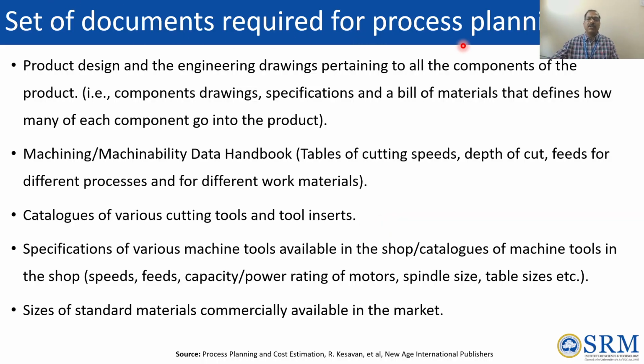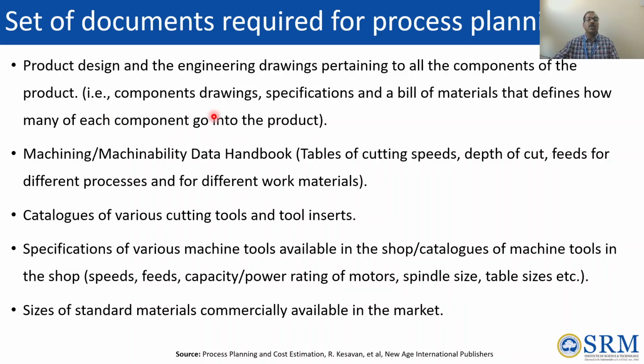The set of documents required for process planning includes product design and engineering drawings pertaining to all the components of the product. We discussed the bill of material, the engineering bill of material, and the part drawing. So the part drawing and engineering drawing are very, very important.